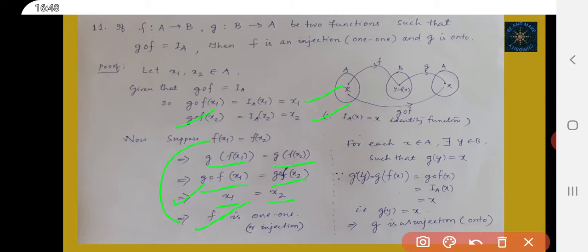Understood? Now come to prove g is onto.